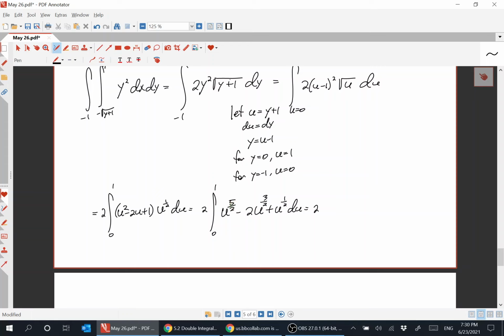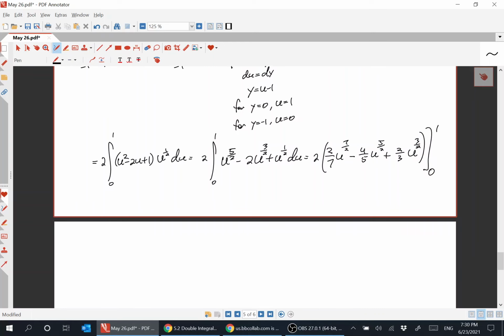So 5 halves plus 1 is 7 halves. So it's 2/7 u to the 7 halves, minus, for 3 halves plus 1 is 5 halves, 4/5 u to the 5 halves, plus 2/3 u to the 3 halves, from 0 to 1. So this becomes equal to 2 times (2/7 minus 4/5 plus 2/3).